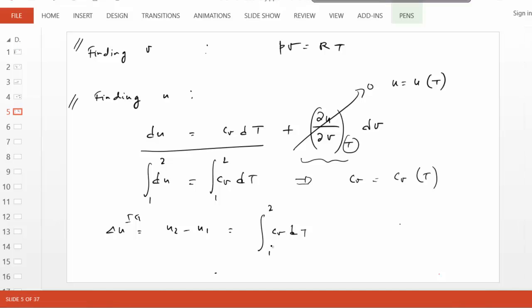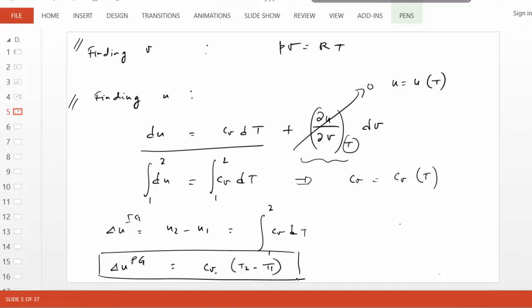That's why tables of gas properties are written for the ideal gas model. But if we use the PG model, we recognize that CV is a constant. CV will come outside. It will become very simple. So we get a simple formula for finding change in internal energy for a perfect gas, which looks very similar to the SL model. If you go to the SL model, you'll find the formula is identical.